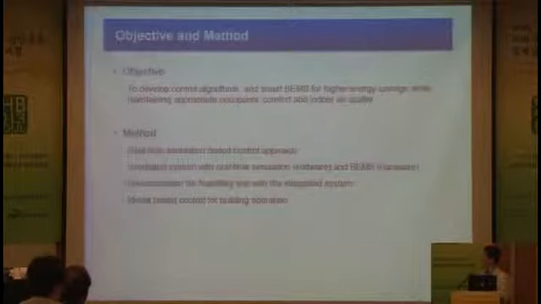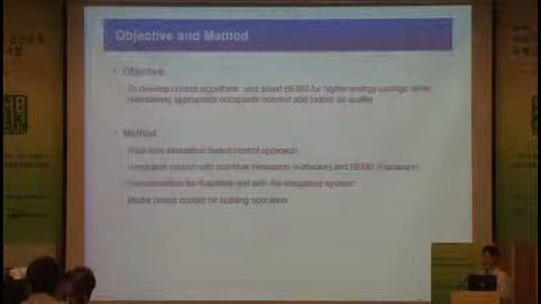The other is combining real-time simulation, which is software, and the BAMS system, which is hardware. So how can we integrate this software and hardware? That is one of the issues in this paper. After that, we demonstrate the feasibility of this integrated system in a real building, and then we adopt model-based control for building operation.